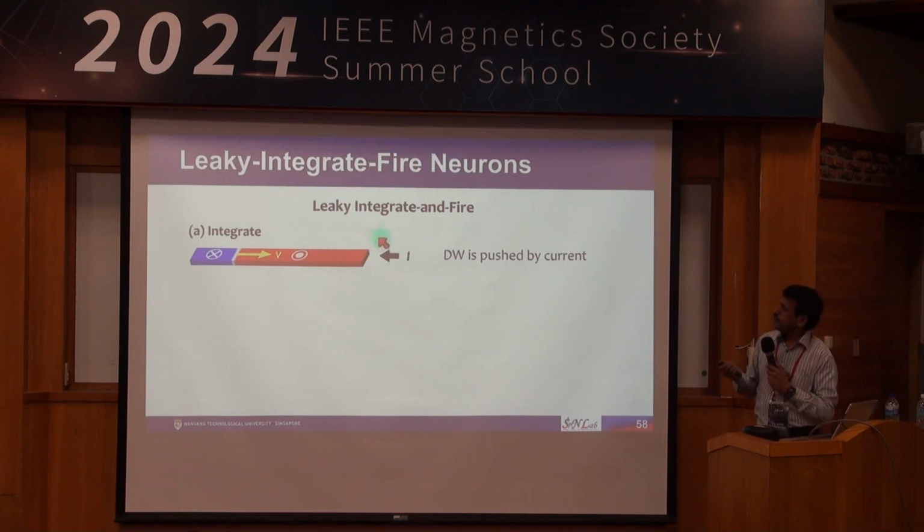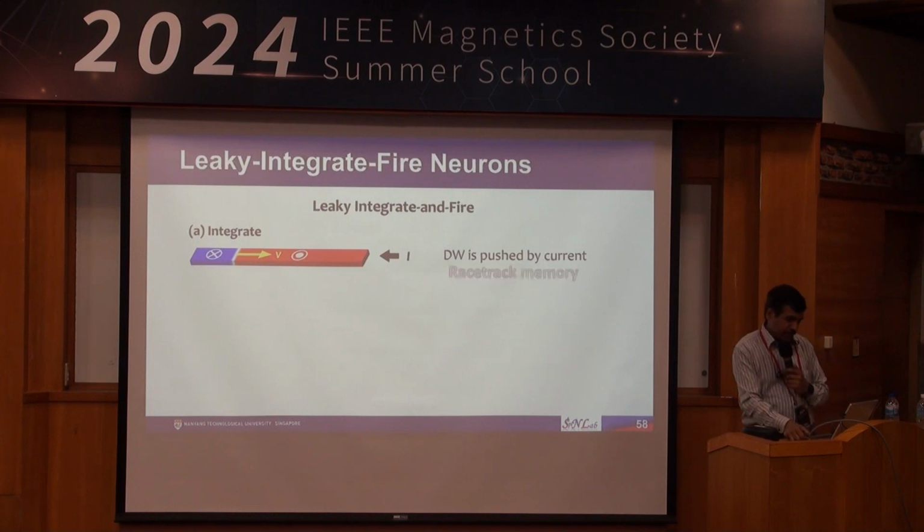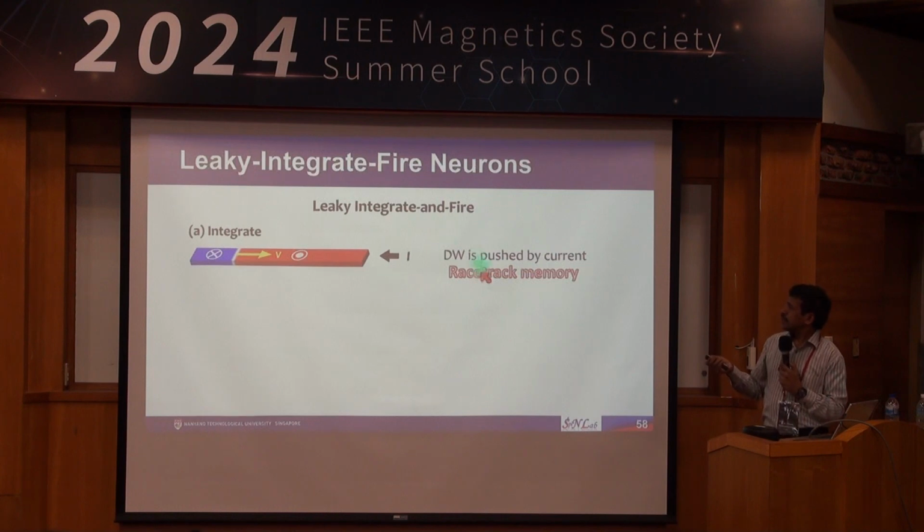Moving forward, when we talk about a neuron in the perspective of a domain wall device, the integrate is basically moving the domain wall from one side to the other side, and this is typically achieved by sending a current through the domain wall device or through the spin Hall layer, which will push the domain wall. This is not a significant issue because people have already demonstrated this in racetrack memory.